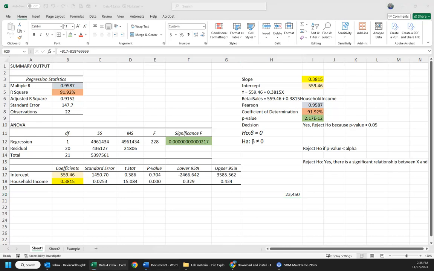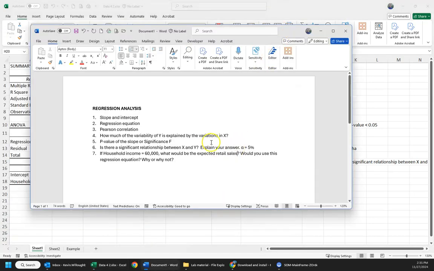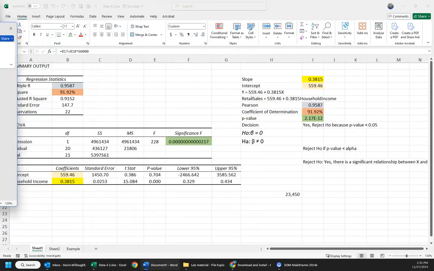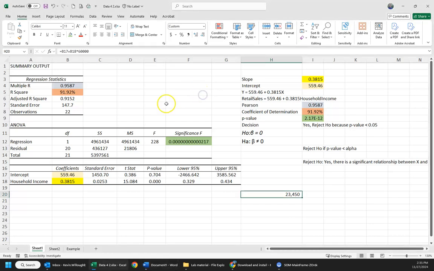The second part of this question states, would you use this regression equation? Why or why not? We would use this because there is a high association as measured by the Pearson correlation coefficient and by the size of the p-value and our decision to reject the null hypothesis, which means that there is a significant relationship between the two variables.